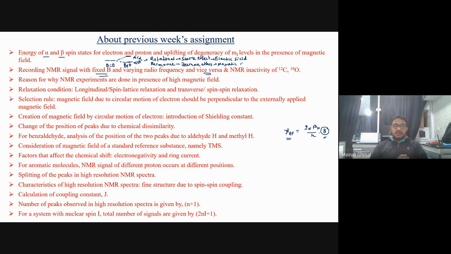Either of these two ways is possible to measure NMR. And then there was a discussion on NMR inactivity of 12C and 16O.